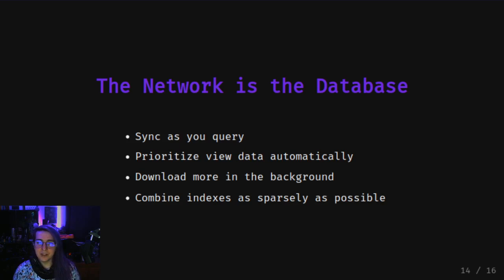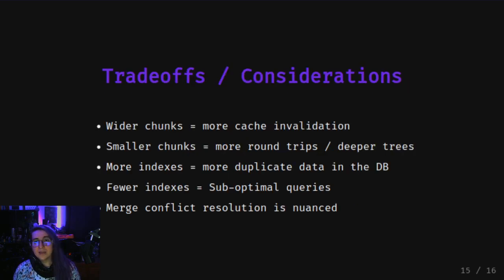There's some trade-offs to consider. If you choose to have larger chunks on average, you'll end up having them updated more often as keys are added and changed. At the same time, if you have smaller chunks, your tree will be deeper and you'll potentially need to do more round trips to load it. On the indexing side, the more indexes you have, the more duplicate data you have.